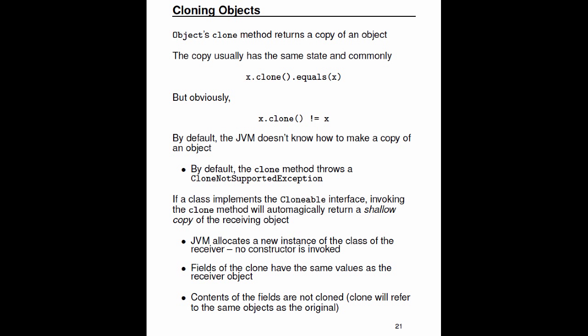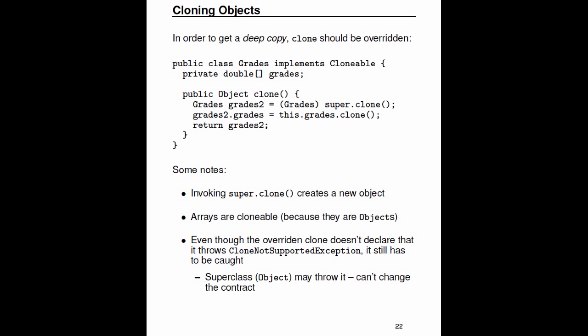No constructor is invoked. They basically make a structural copy of it, which also means that the fields of the cloned object have the same values as the receiver object, the one from which it was cloned. This is why it's called a shallow copy. It only goes so deep.